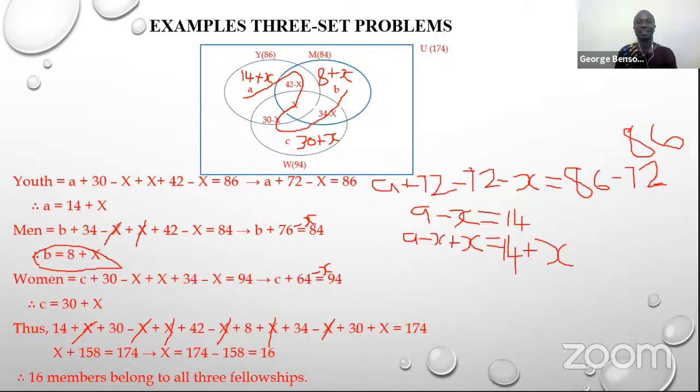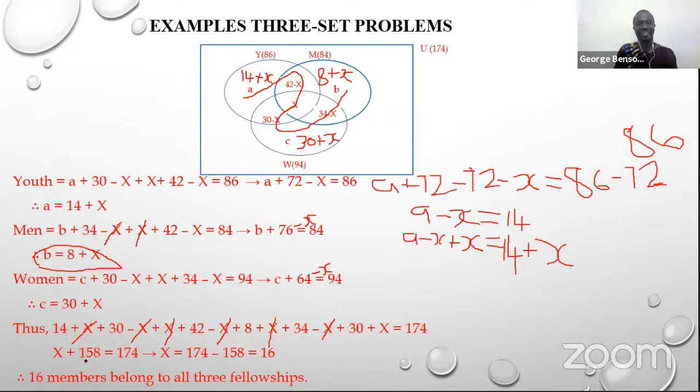If anybody has a calculator, they can simply add, because I'm sure they will allow you to use a calculator, so you need not do this mentally. Is anybody doing the addition for us? Yes, it's 158. Good. So that's why you can see x plus 158 is equal to 174.